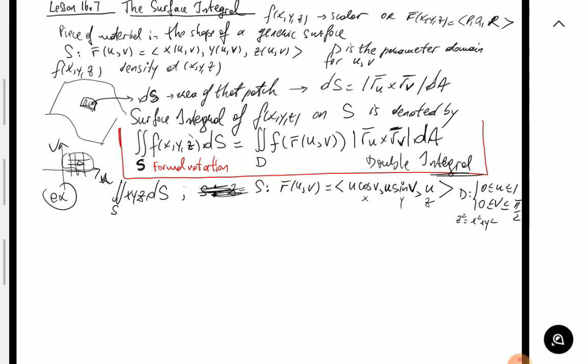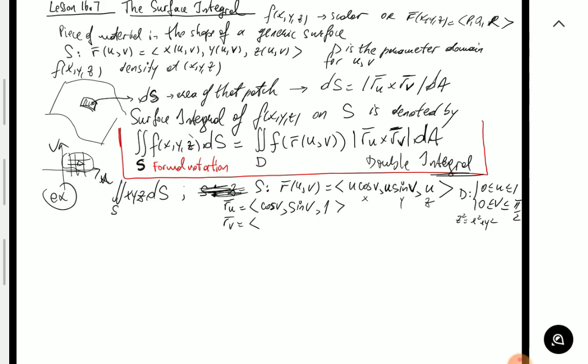Before we set up the integral, I'm going to need the partial u, partial v and the cross product between them. So partial u of r is 1 times cosine of v. Partial u of the second component is sine of v. And then partial u of the last component is 1.